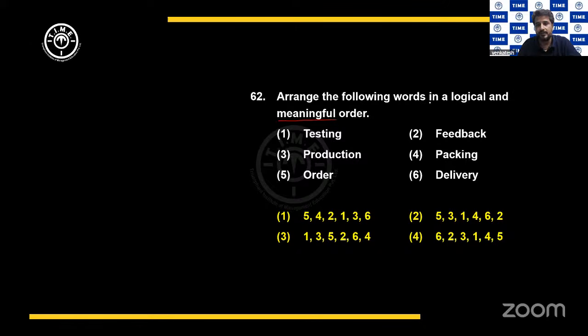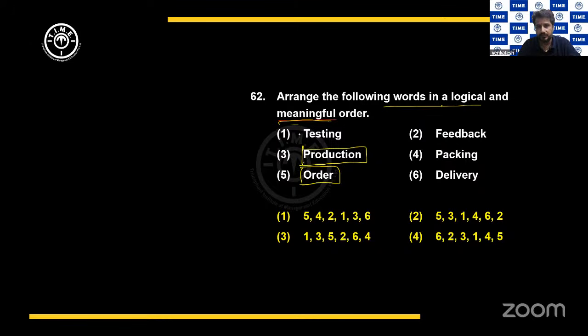Arrange the following words in the logical and meaningful order. Okay. We have given words, we have to arrange them in the logical order. So what is the first one to be done here? Yeah. First, we have to get the order. After getting the order, what we'll do? The production. We'll send it to the production department.